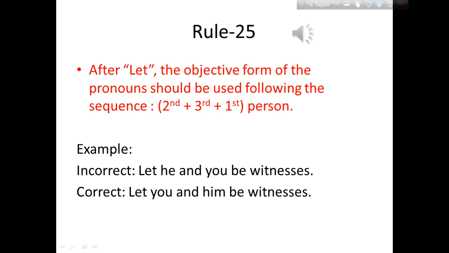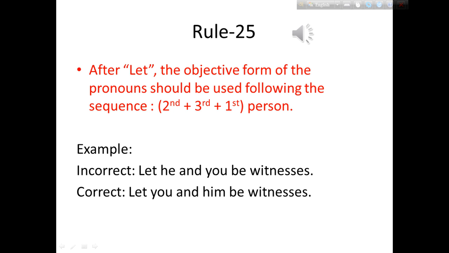So according to the rule, after the very word let, the objective form of the pronoun should be used. Here the objective form of the pronoun he is him, and the objective form of the pronoun you is you. So you is correct, but we cannot use he after let. Rather we have to use the objective form him.